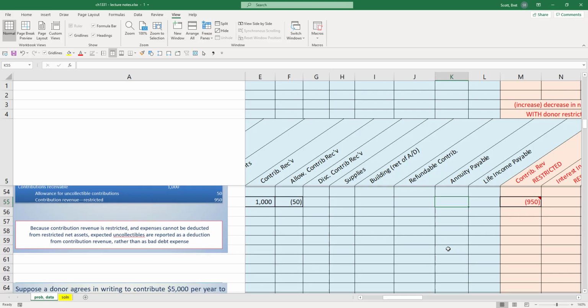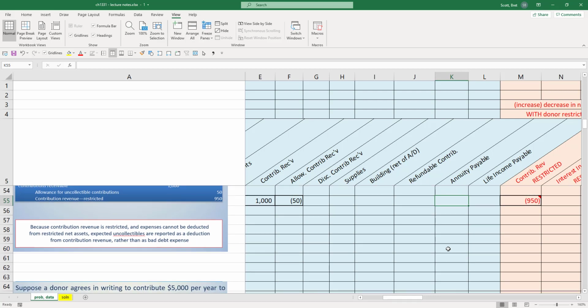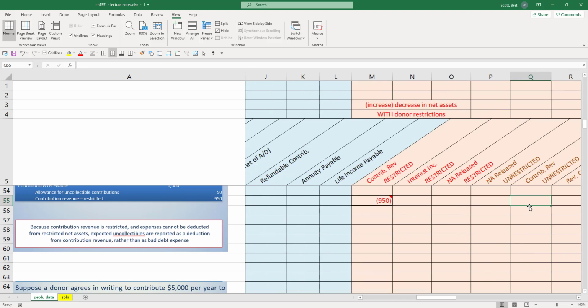We'll go ahead and treat a receivable of contributions the same way we'd record the receivable of property taxes if we're a government agency, which in this case means record the net amount in contribution revenue, but in this case restricted, not unrestricted. It's restricted. Why?